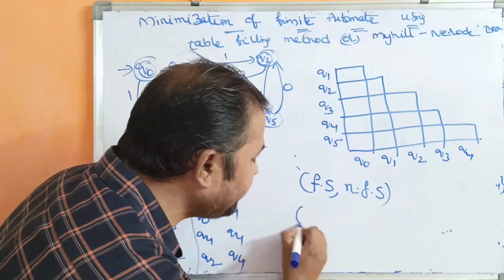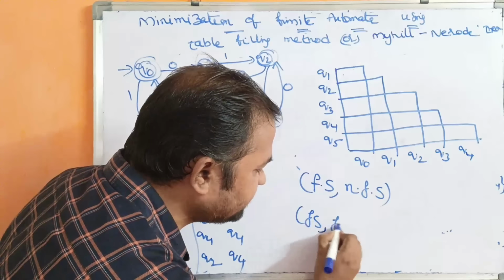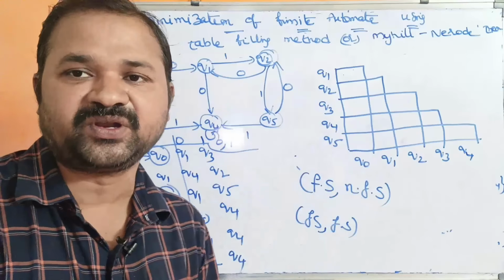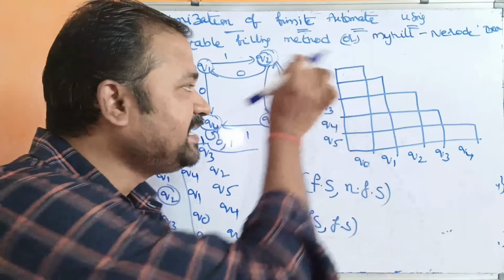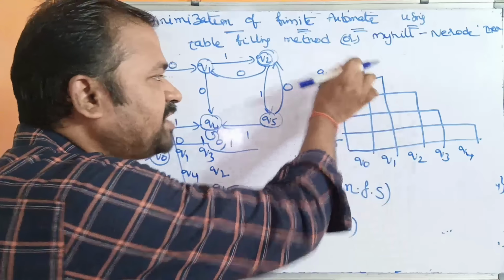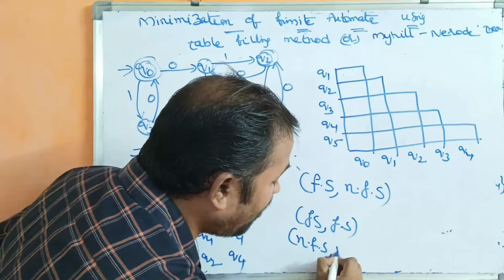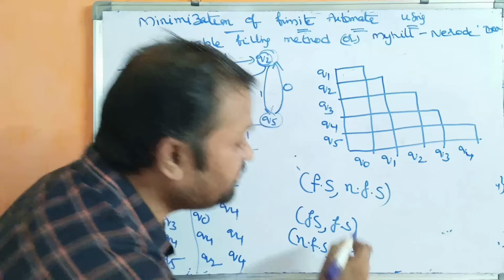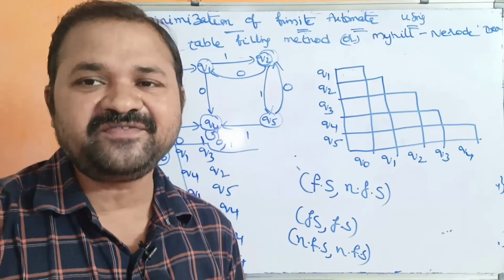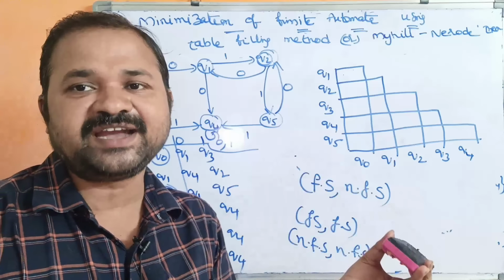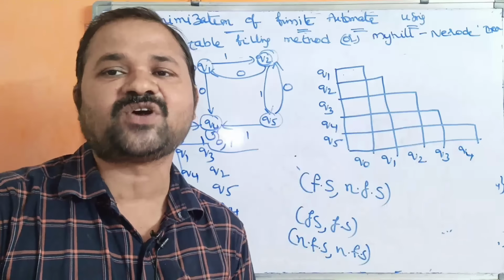If the pair contains only final states, then marking is not possible; we simply leave that box. Likewise, if the pair contains only non-final states, then also we leave the box. So we do the marking if one state is final and the other is non-final.